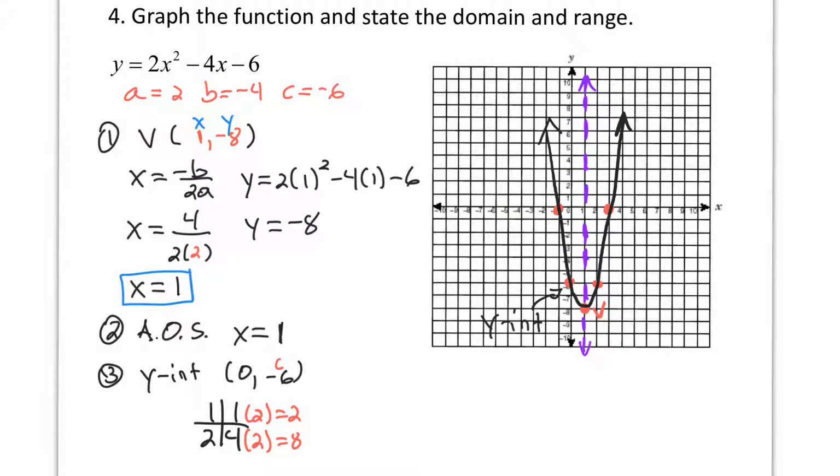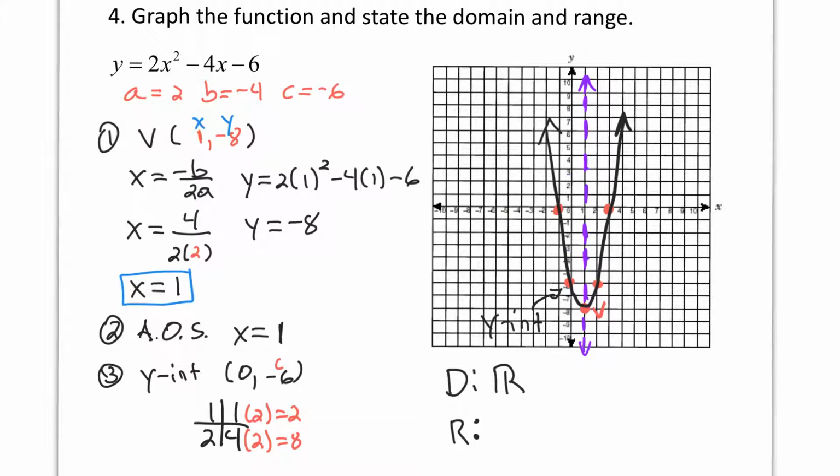So now you guys are going to find the domain and the range. My domain, remember, is going to be all real numbers for any parabola. Any x value will work in this function, but not every y value works because your range is going to be your y values, and my y values will start at the vertex.